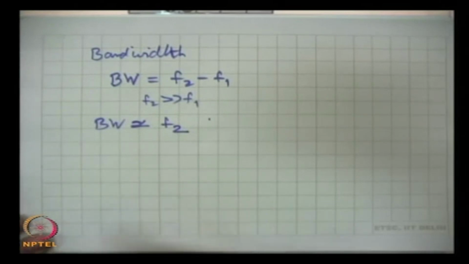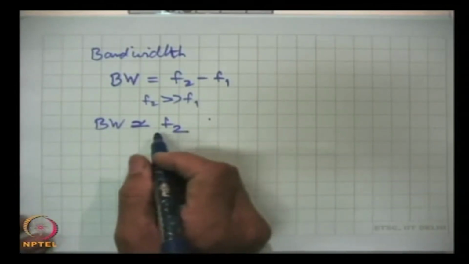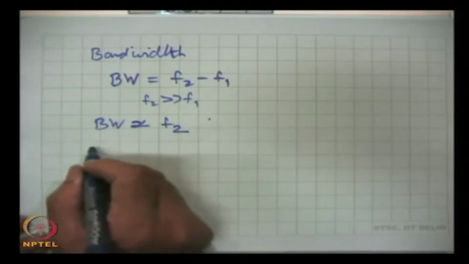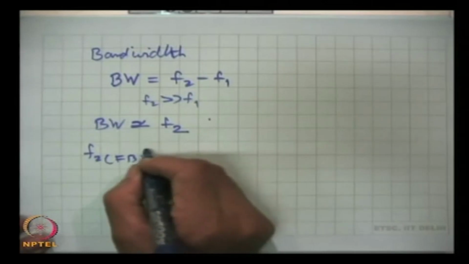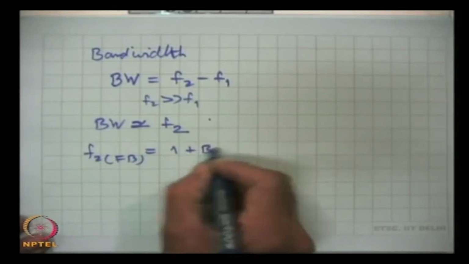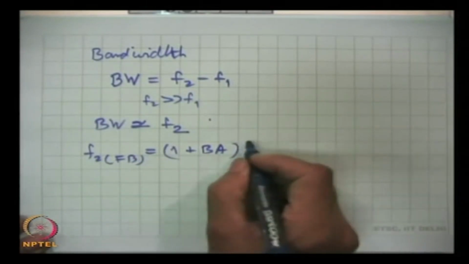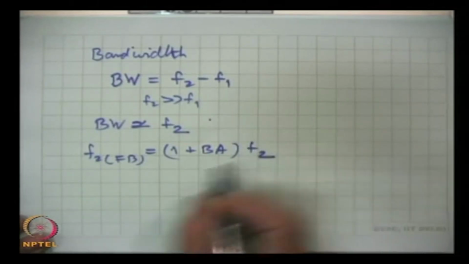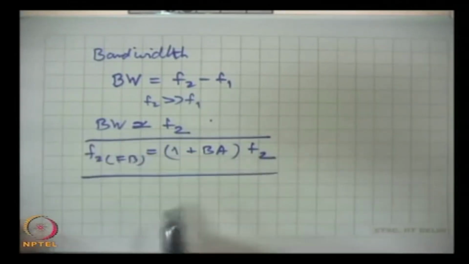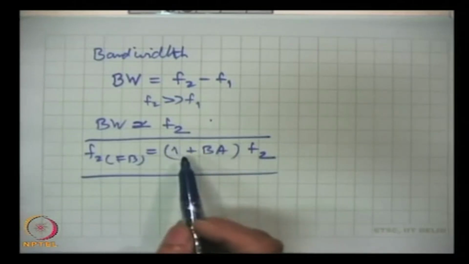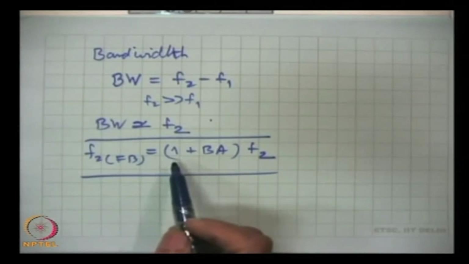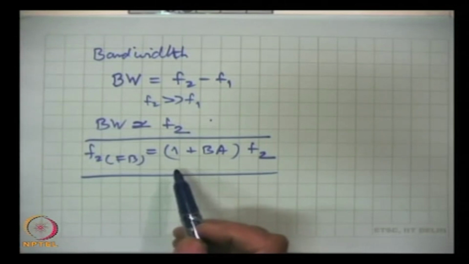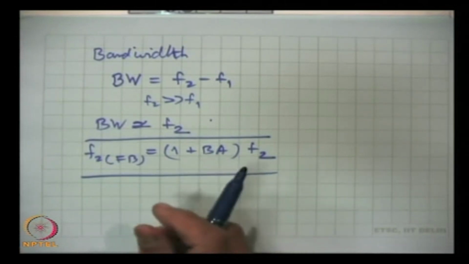So that the bandwidth with the negative feedback becomes F2fb is equal to 1 plus BA into F2. This is the change in bandwidth. If this factor is 100, then bandwidth is raised by 2 orders of magnitude just by incorporation of the negative feedback.